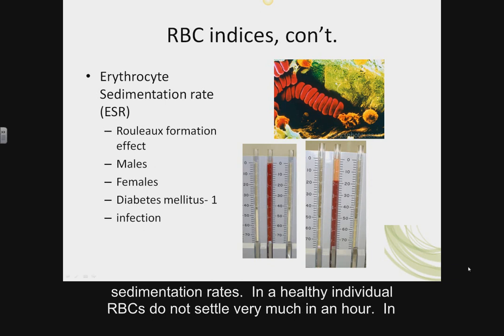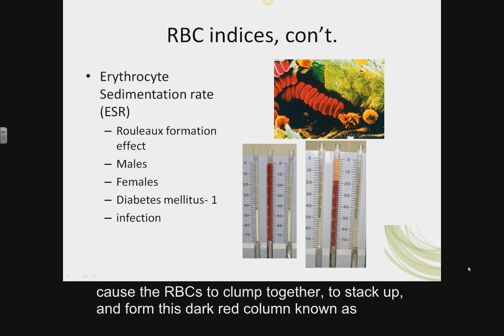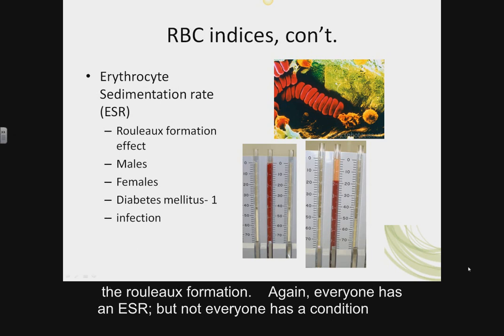In some disease conditions, increased production of fibrinogen and immunoglobulins cause the red blood cells to clump together, to stack up, and form this dark red column known as the rouleau formation. Again, everyone has an ESR, but not everyone has a condition where the red blood cells would have a rouleau formation.